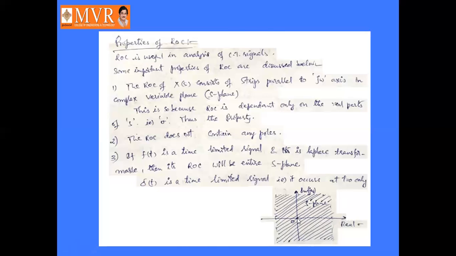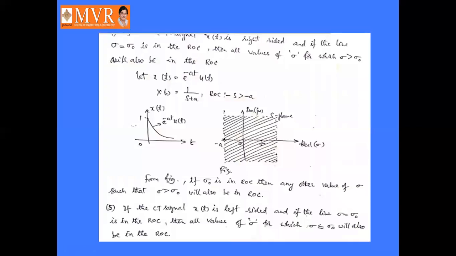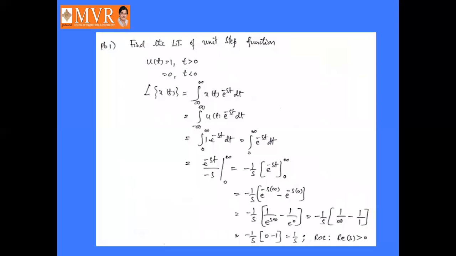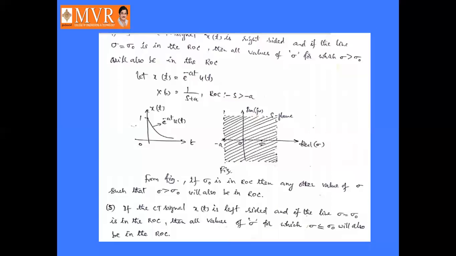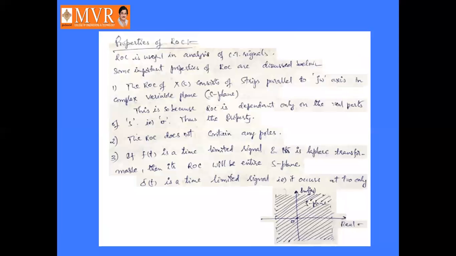These are 3 points. Then points 4, 5, 6 are also there. In the next class we will discuss the remaining properties.